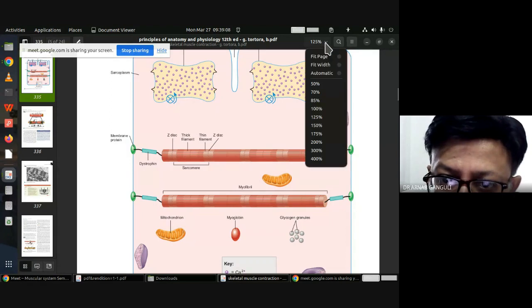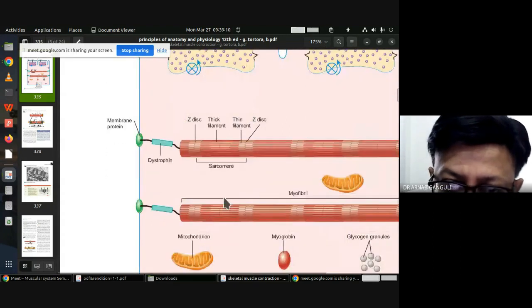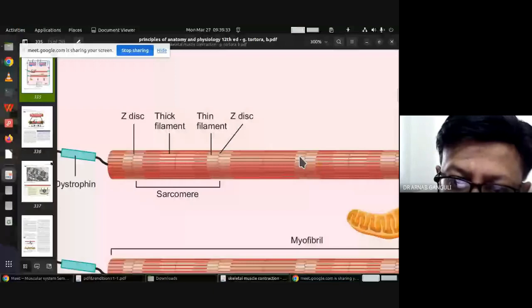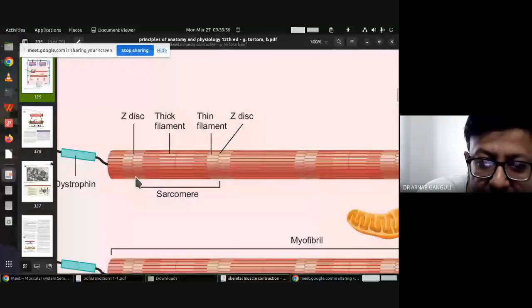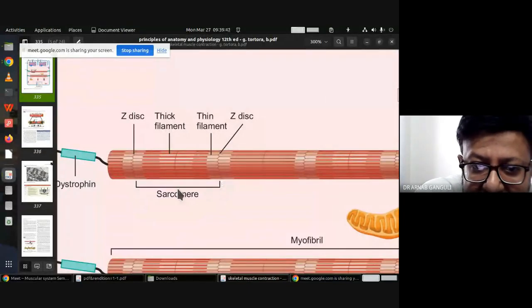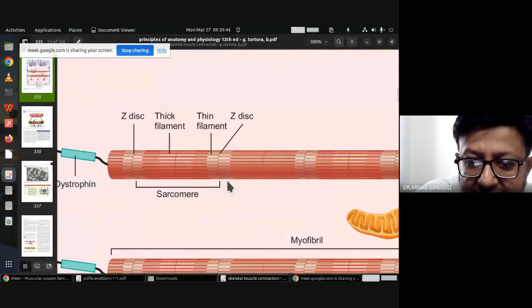If I increase the size here, you look at one Z disc to another Z disc, then another Z disc. So they are organized one after the other. And a sarcomere, the unit of a muscle which contracts, is from one Z disc to the other Z disc.